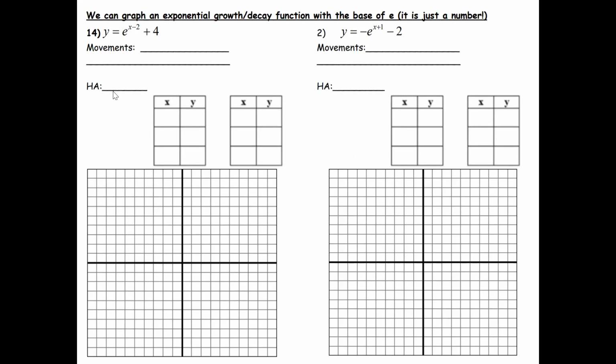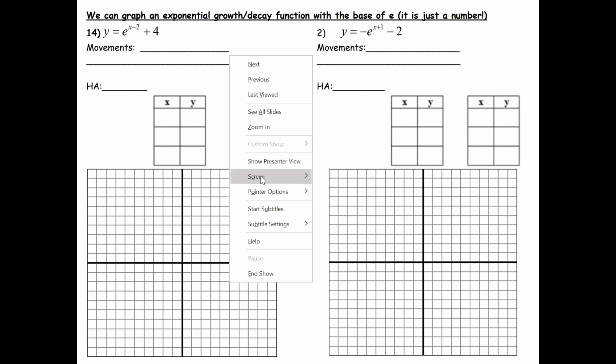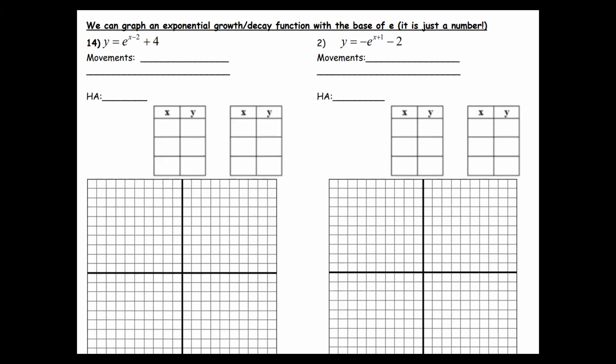So when I graph this, you're gonna use your calculator and we're gonna graph it by going to y equals for number 14. So y equals, and I'm just gonna put second ln for the e, x minus 2, okay, that's on top. But then you're going to use your little right arrow to move that thing down, and then plus 4 and graph.